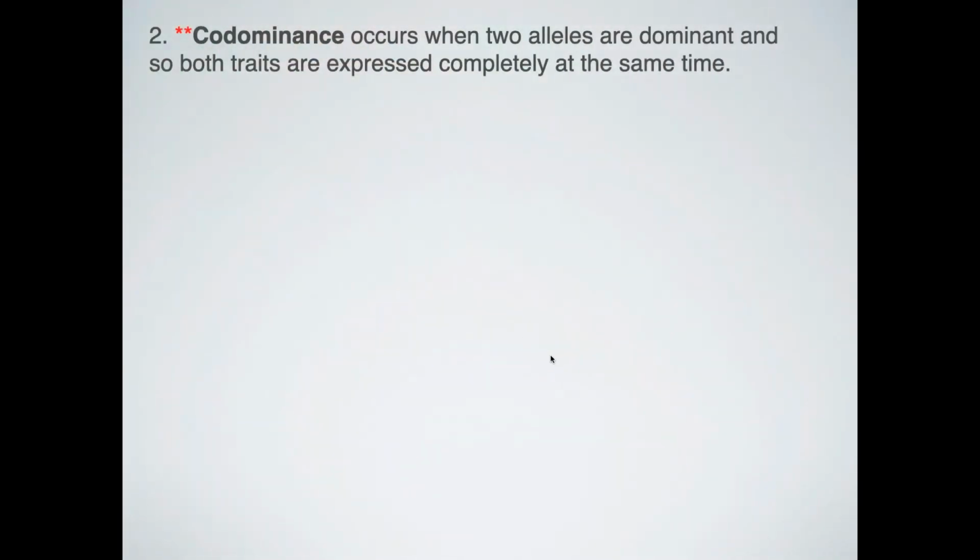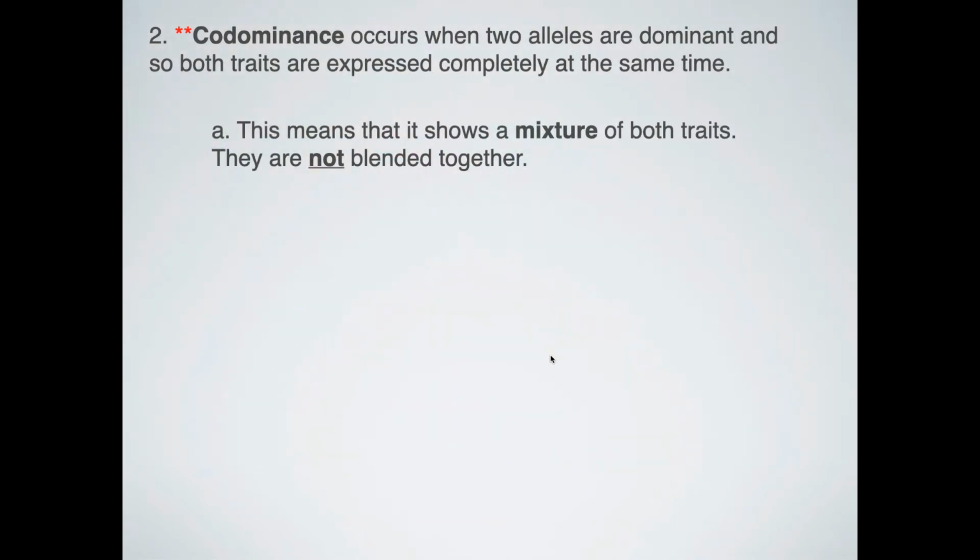We also have situations called codominant genetic crosses. Codominance occurs when two alleles are dominant, and so both traits get expressed completely at the same time. So instead of a blending like incomplete dominance was, we're looking at a mixture when we're talking about codominance.